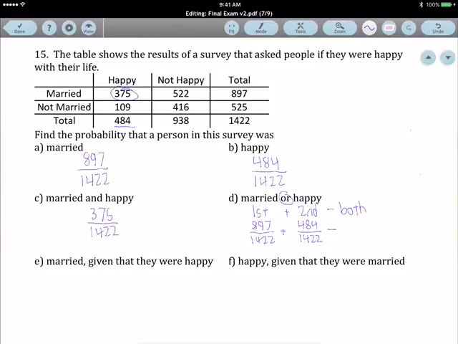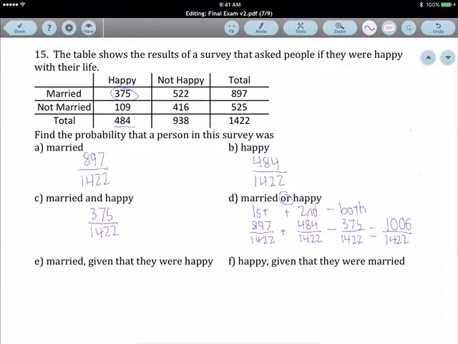And then we subtract our answer from part C, 375 out of 1422. So the bottom number, you'll notice, is still 1422. And then if we do 897 plus 484 minus 375, we get 1006 out of 1422.